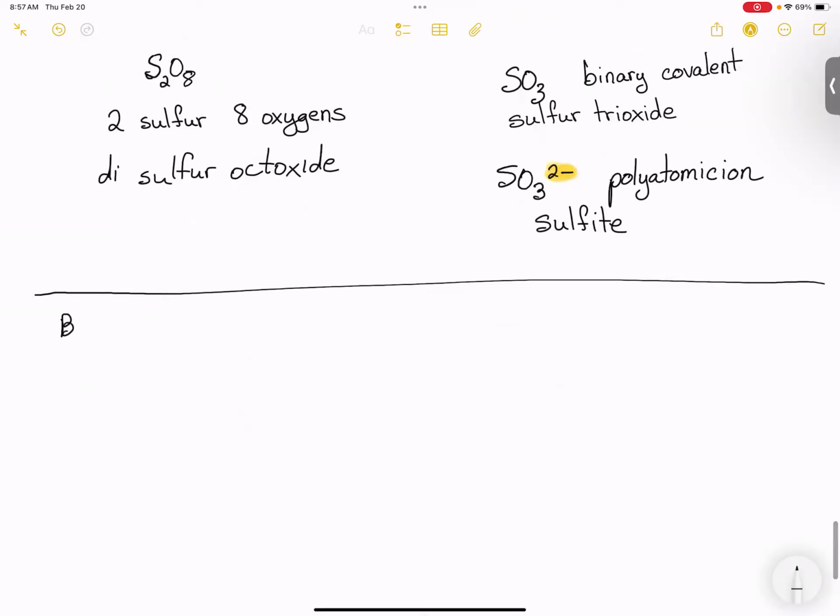With our binary formula, or being named formula, you simply translate.